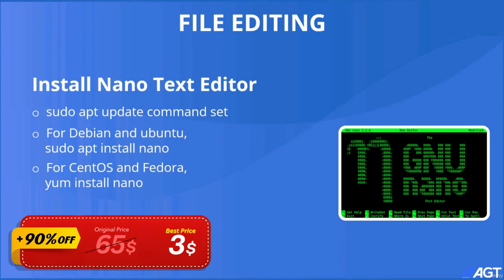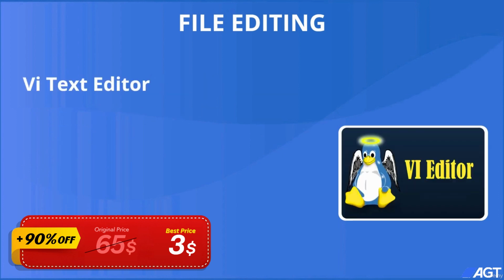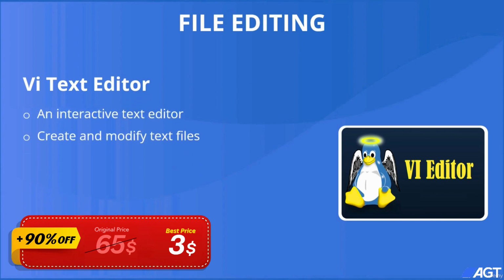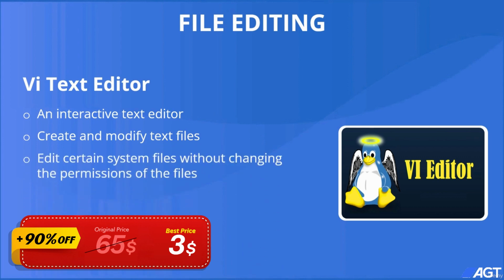So our other command line editor is VI. The VI editor is an interactive text editor. You can use it to create and modify text files. It is also the only text editor you can use to edit certain system files without changing the permissions of the files. Now, the Vim editor is an enhanced version of the VI editor.